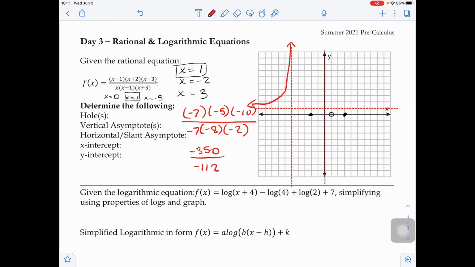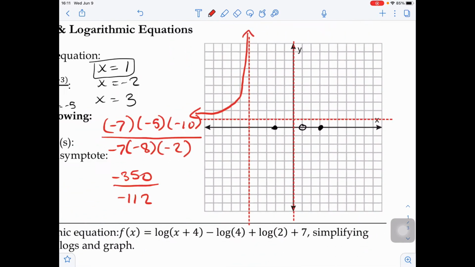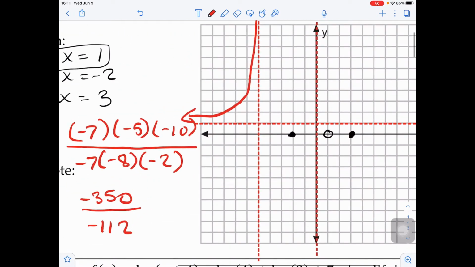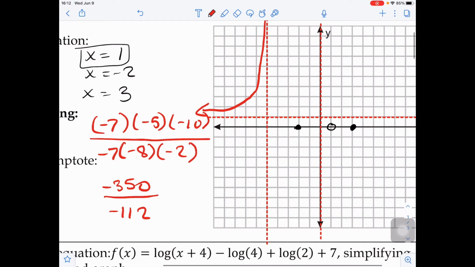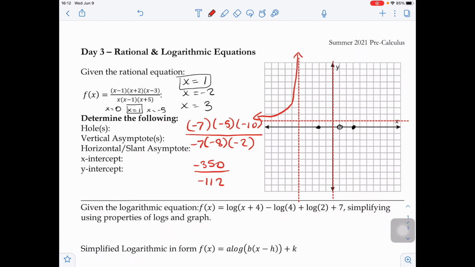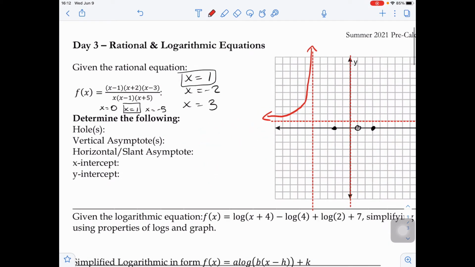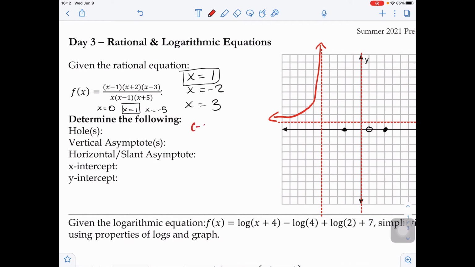And then we can look at some of these other things as well. So since this is at -5, if we were to plug in something like -4, we can see where we have to go as well. So -4 minus 1 is -5. -4 plus 2 is -2. -4 minus 3 is -7.